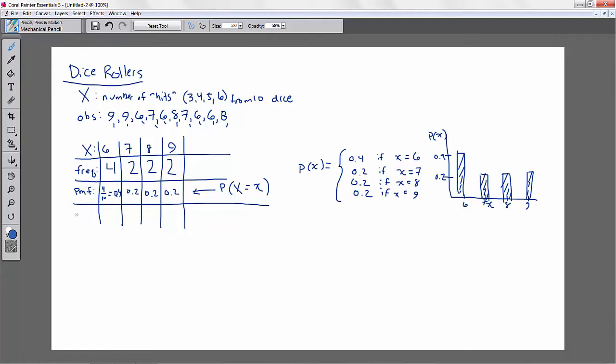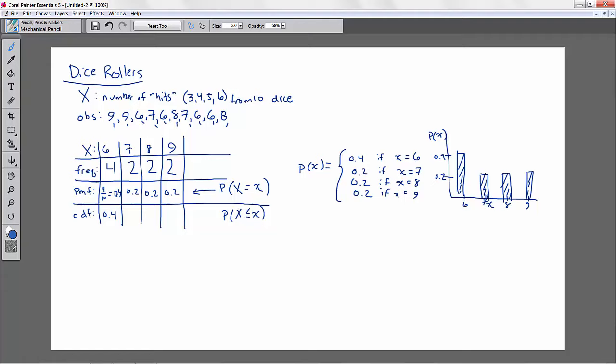And we can also compute the cumulative distribution function, or CDF, by creating the cumulative sum of the probability mass function. So the probability that the random variable x takes on a value less than or equal to 6, for example, is 0.4.